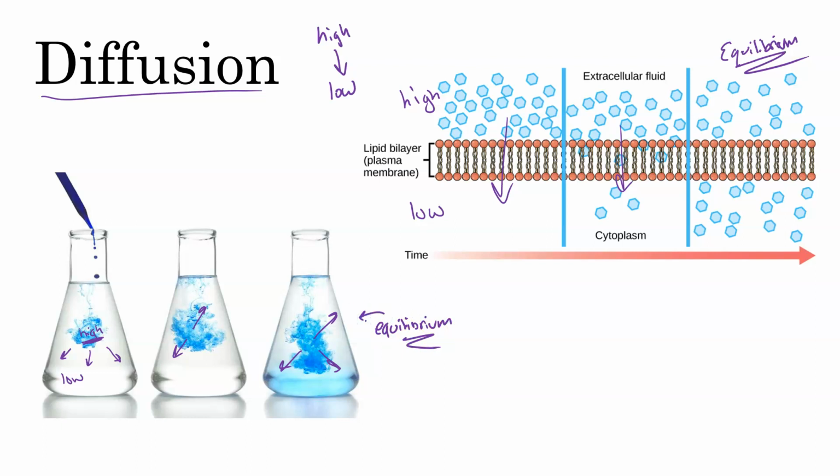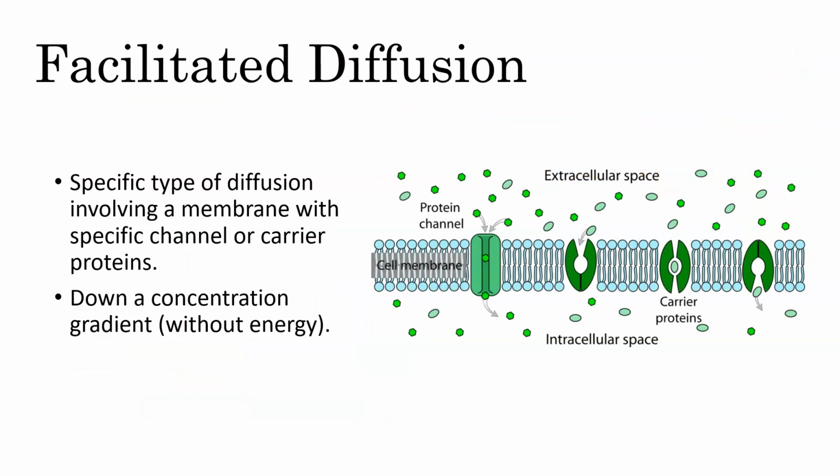Okay, so to go through the next passive transport mechanism, we have facilitated diffusion. Facilitated diffusion is just like diffusion in that we are still going from high concentration to low concentration. It is still not using energy, so it is still a passive transport mechanism.